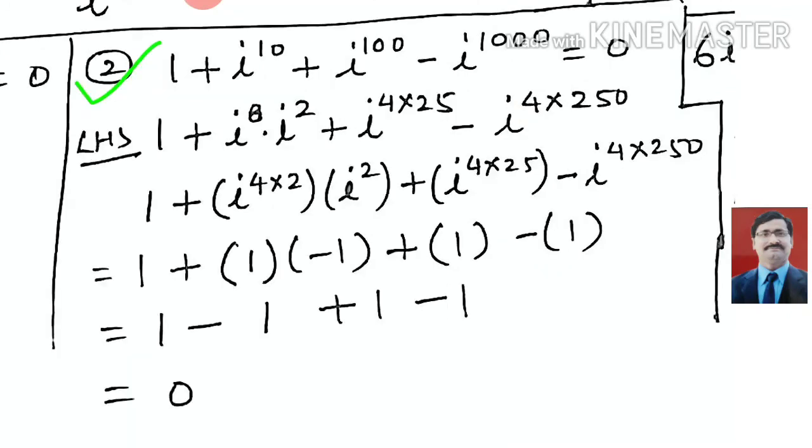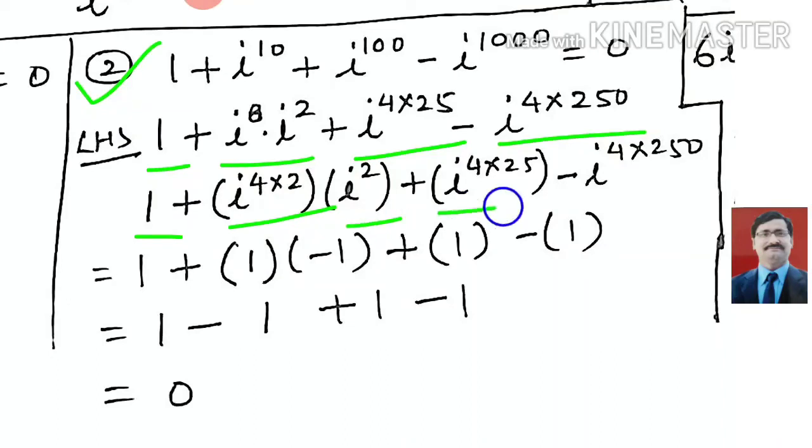Minus 1 plus iota power 10 plus iota power 100 minus iota power 1000 equals 0. Look at this one: iota power 10 you can write as iota power 8 into iota power 2, iota power 100 as 4 into 25, and iota power 1000 as iota power 4 into 250. This iota power 8 you can write as iota power 4 into 2.